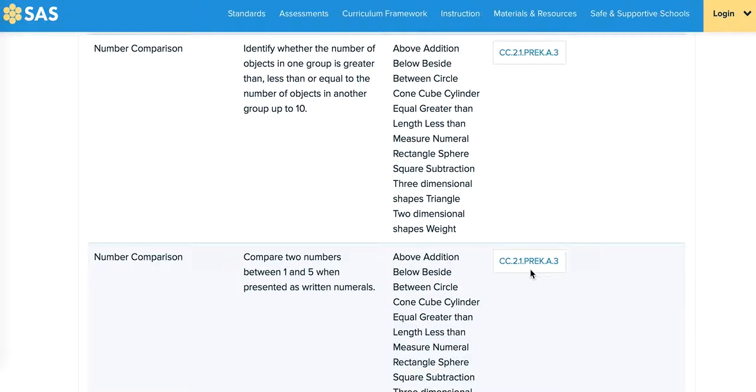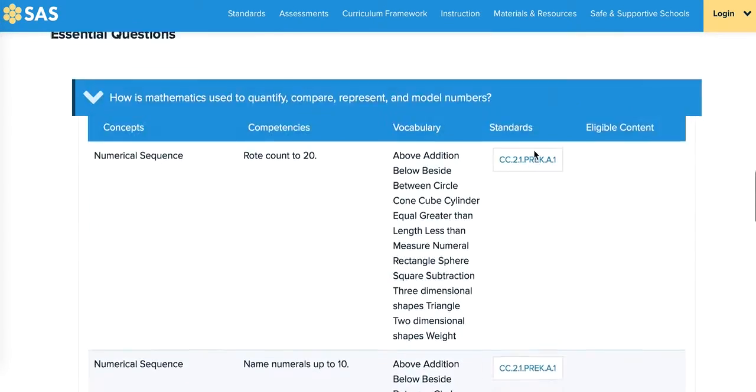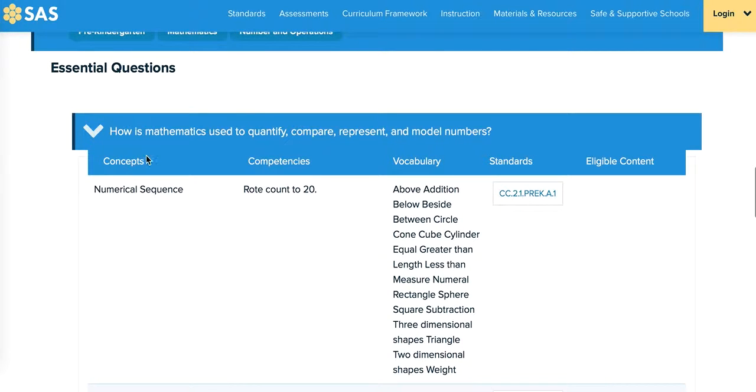Now, if we scroll up, I know I didn't show you, but there's categories at the top here. The concept is the big idea that's related to your standard. Here is the actual standard and the anchor. But right here we have two other categories. We have competencies, and these are the specific things that we want the child to be able to do. And we want vocabulary, and if any of those words are related.